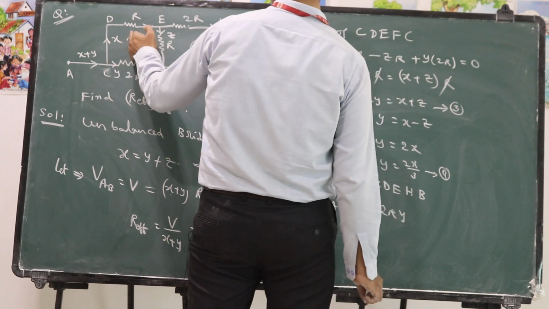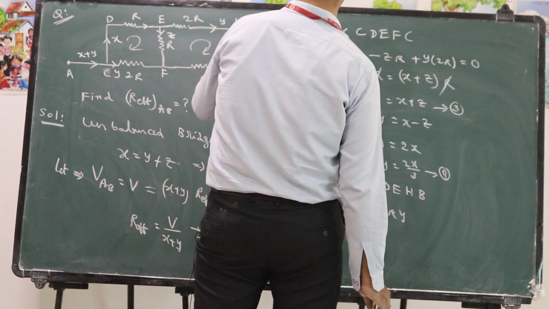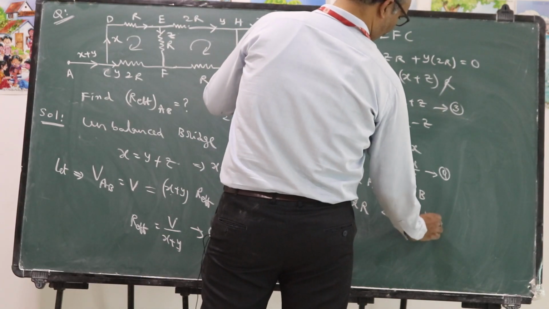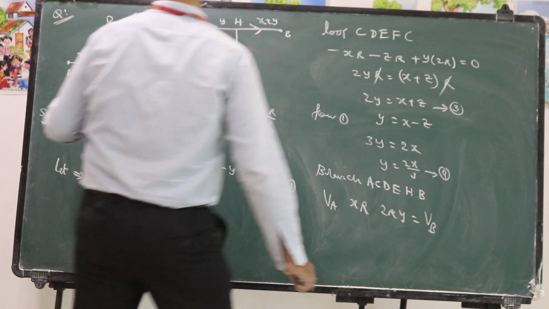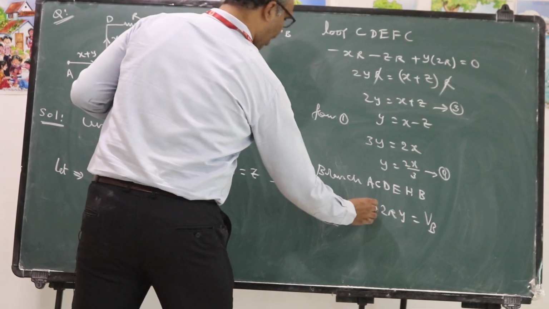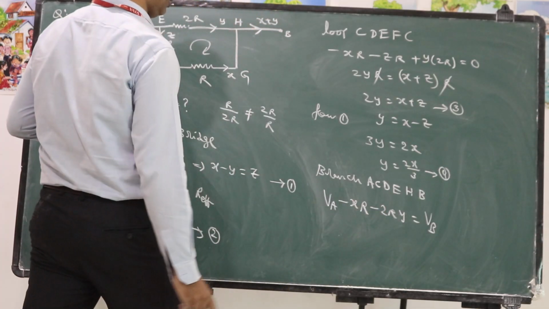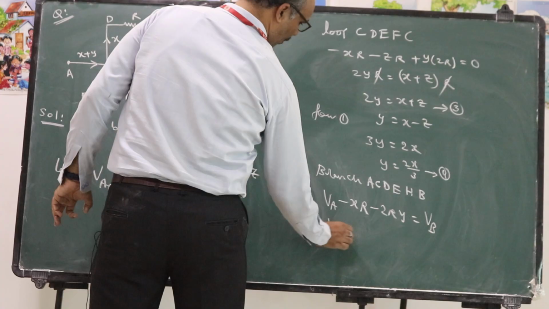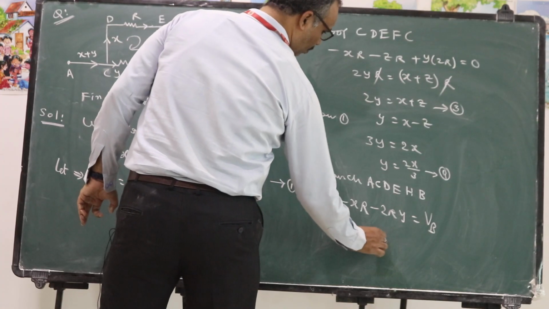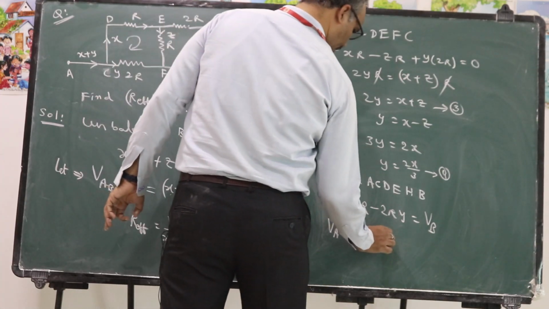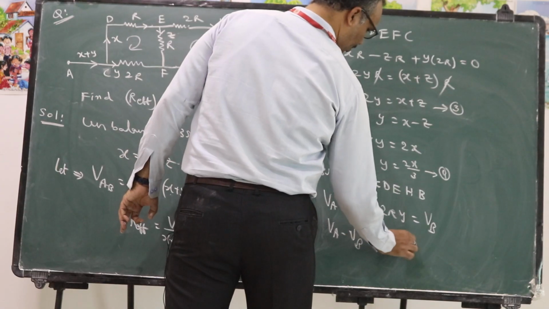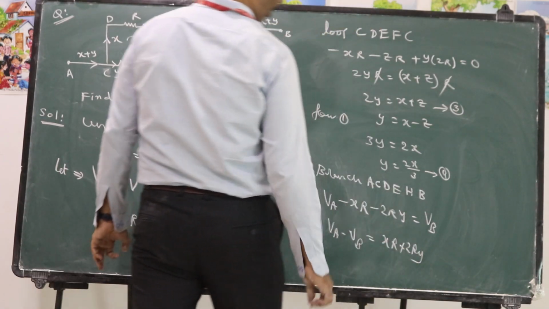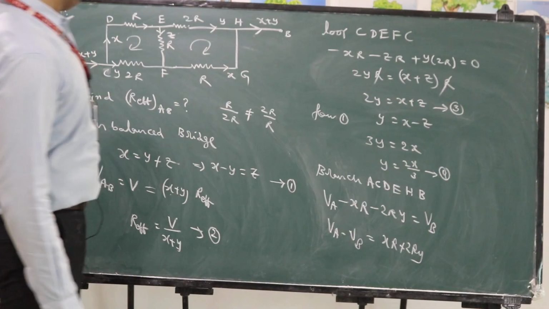So by dropping this potential and this potential, you should get the potential at B. Here I should take minus, here also I should take minus. Then VA minus VB is equal to XR plus 2RY.